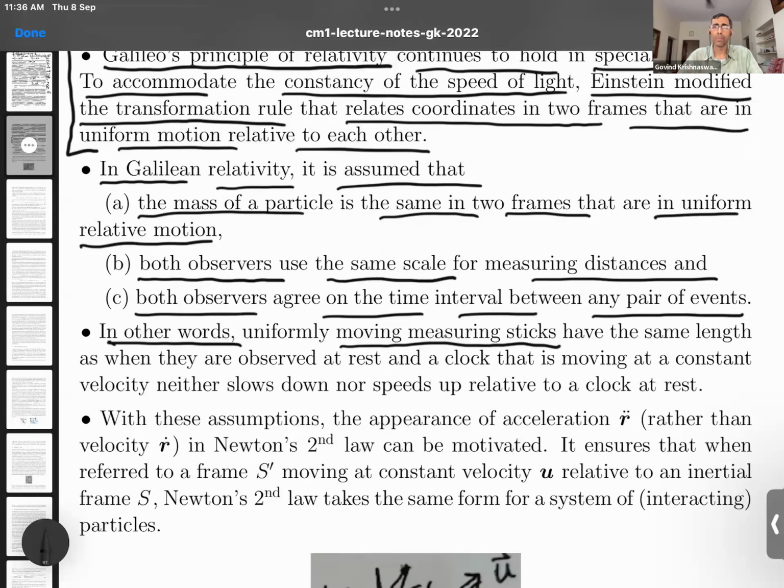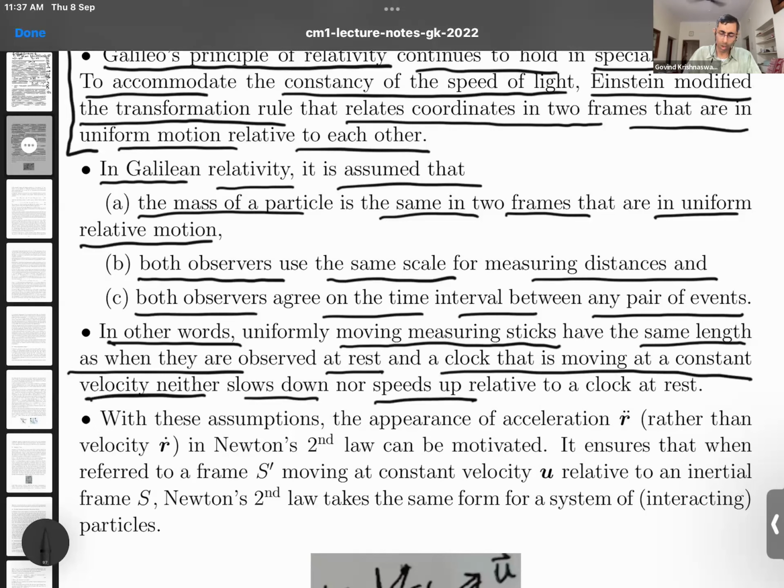The claim is that it would be the same length as when observed at rest. And that a clock that is moving at a constant velocity neither slows down nor speeds up relative to a clock at rest. Okay, so these assumptions are built into Galilean relativity and Newtonian mechanics, and one can justify these using the sending of light signals and so on. Assuming the speed of light is infinite, you can justify all of these assumptions.